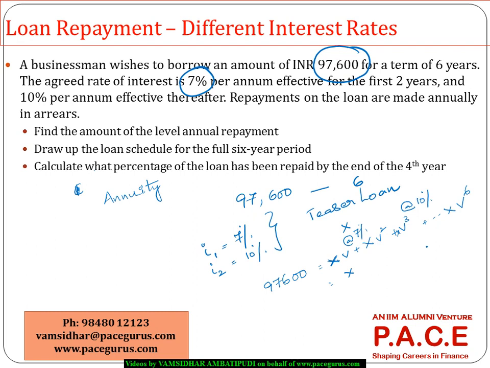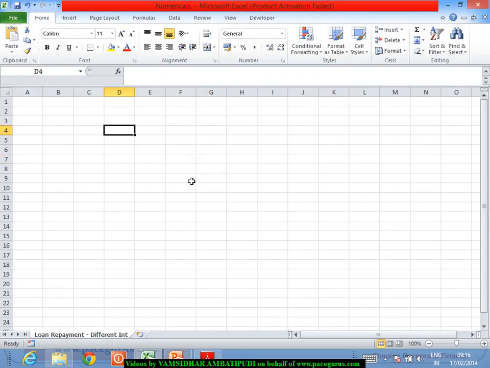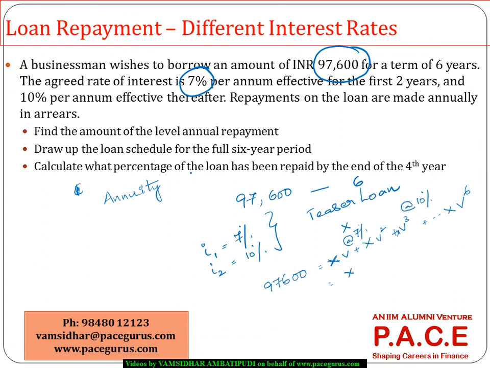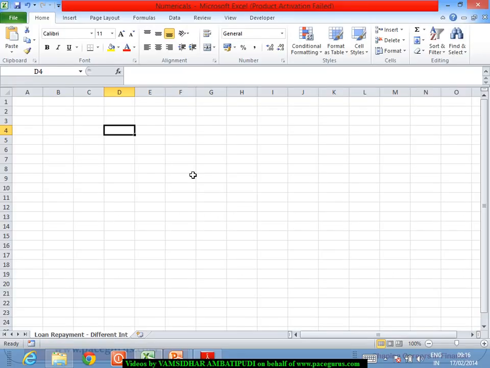So if at all I have to do the same scenario in a spreadsheet, okay, I will look out for 97,600. So we are talking about years 0, 1, 2, 3, 4, 5 and 6.